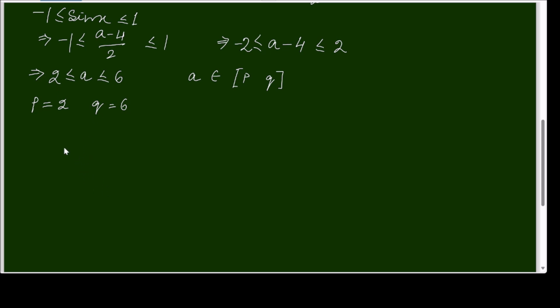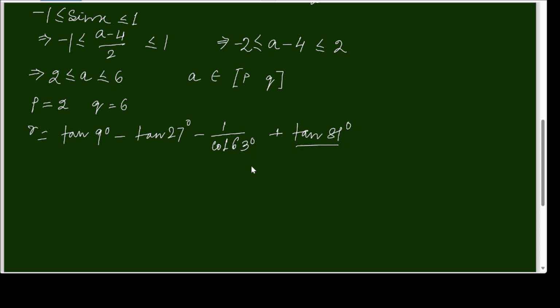R equals tan 9 degree minus tan 27 degree minus 1 over cot 63 degree plus tan 81 degree. Tan 81 degree is cot 9 degree.